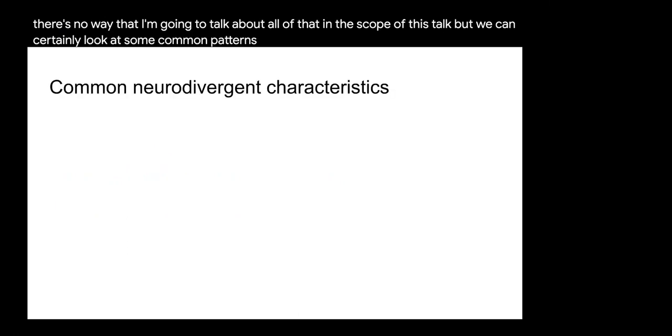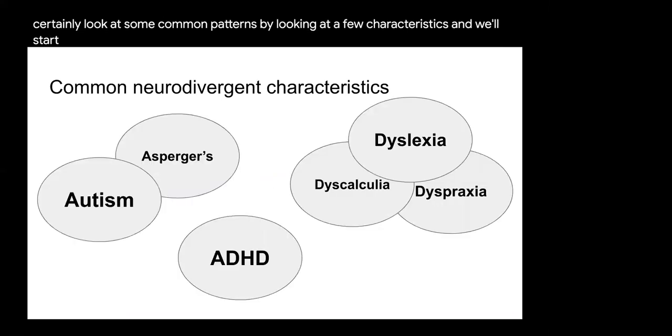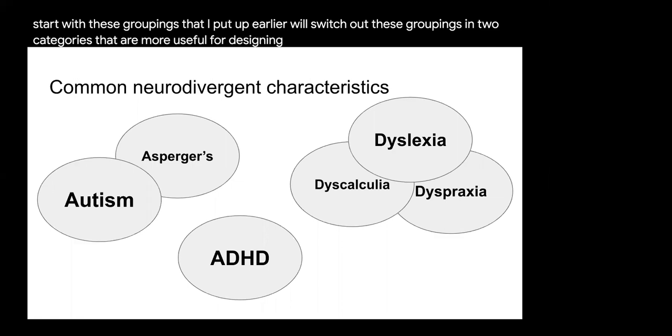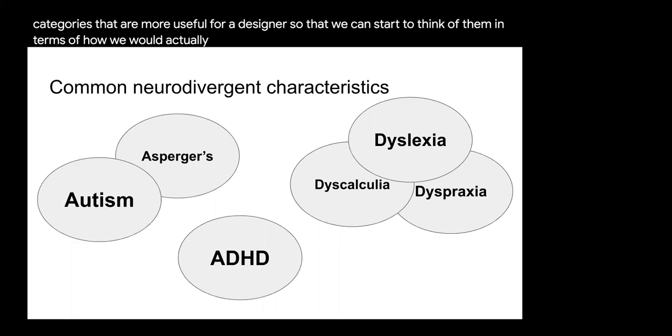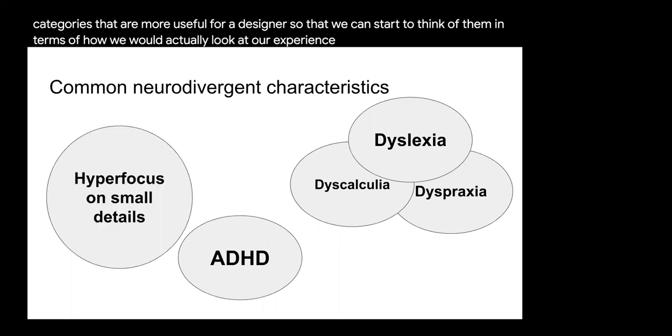So we're going to start by looking at a few characteristics, and we'll start with these groupings that I put up earlier. We'll switch out these groupings into categories that are more useful for a designer so that we can start to think of them in terms of how we would actually look at our experiences.